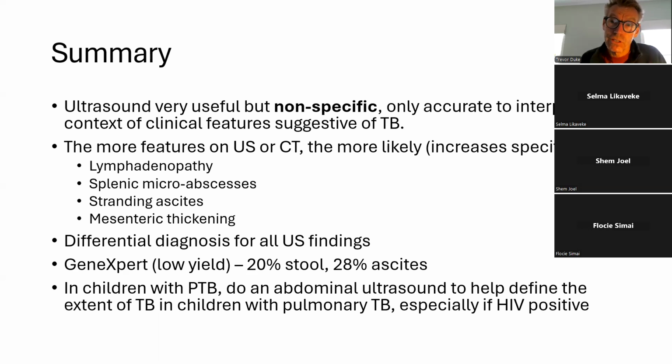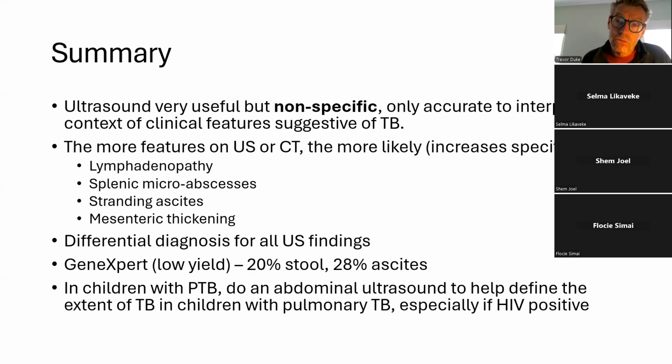If you see those features, then you need to think, well, what else is the differential diagnosis of those changes, and do they fit with the clinical picture, or do they more fit with tuberculosis? And if a child's just got one of them, like they've just got lymphadenopathy or they've just got some ascites, then that's not as strong as if they've got all 4.